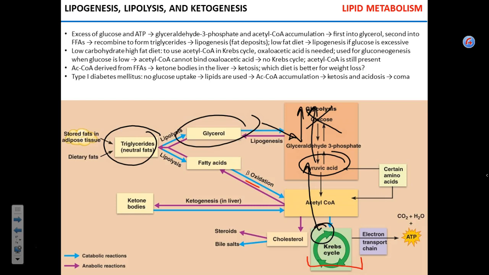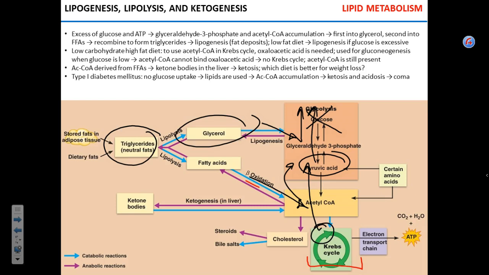Your fatty acids will be converted to acetyl-CoA. Turns out, acetyl-CoA can be used for pyruvate synthesis, or citric acid synthesis, many other metabolites. But the point is, your fat storage starts to run out, which is pretty much what we try to do, right?